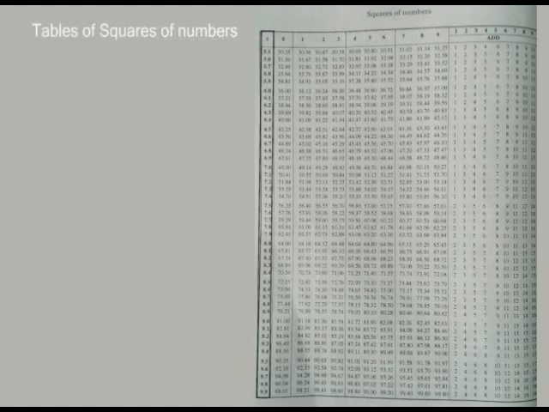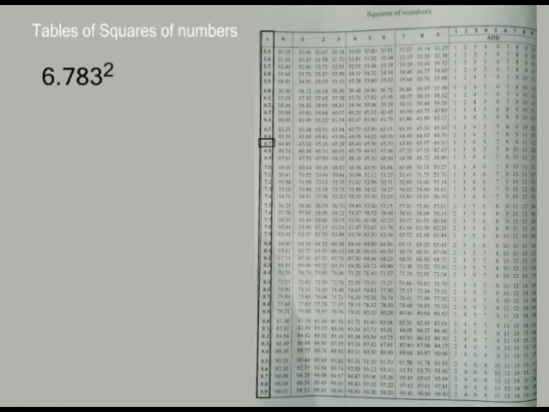The column headed by X, featuring numbers from 1.0 to 9.9. This column provides the first decimal place of the number whose square we want to find. That is to say, if we want to find 6.783 squared, the first decimal place, 6.7, is found in this column X here.